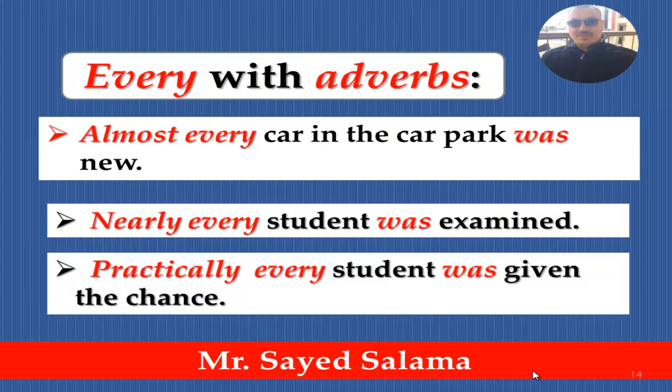Practically every student was given the chance. So say almost every, don't say almost each. Say nearly every, don't say nearly each. Say practically every, don't say practically each. This is one of the differences between each and every.